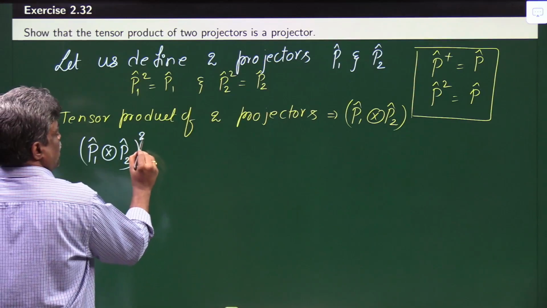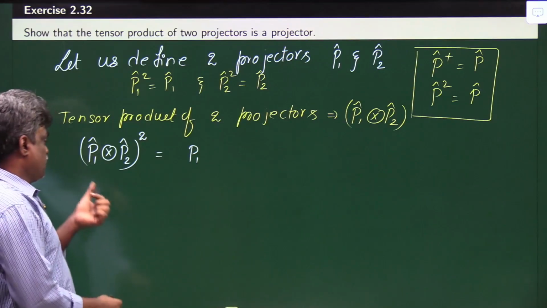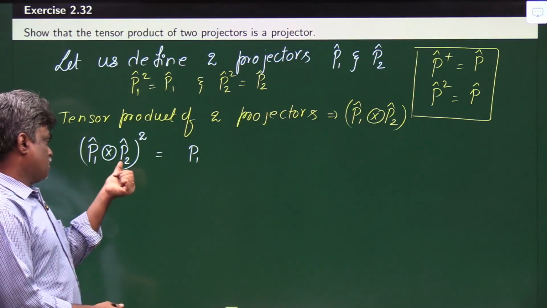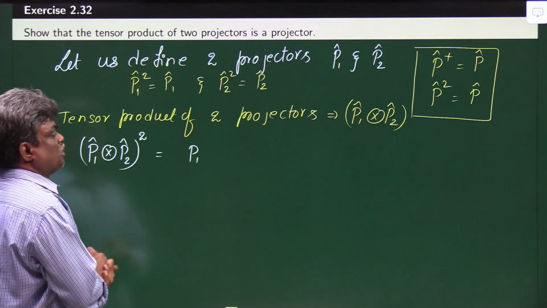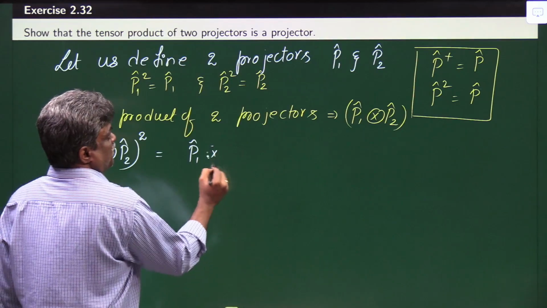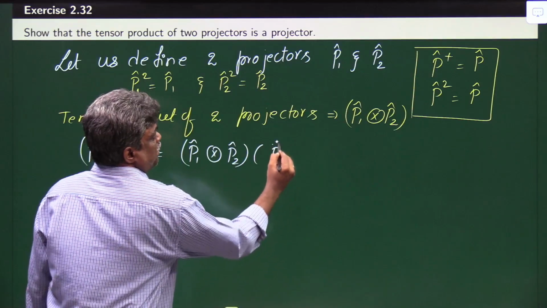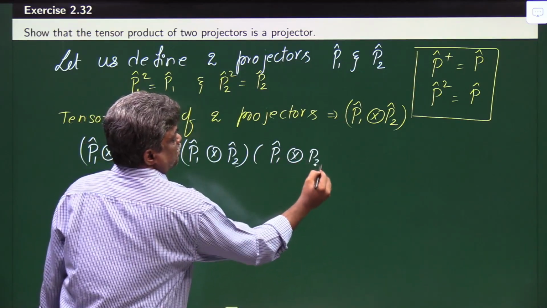Now I have to show that this is a projection operator. So just take the square, and if I get the same, that means P1 tensor P2, then it is also a projection operator. So this can be written as P1 tensor P2, one more time multiplied by P1 tensor P2.